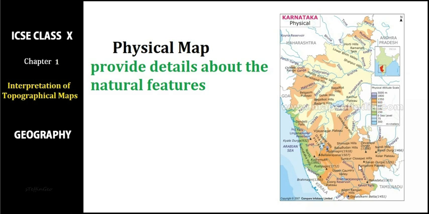That means these areas are located at a height between 600 and 900 meters. Then this darker brown means the areas which are located between 900 and 1350. So in this way, this map is used for showing physical features. You can see the rivers also, blue color things, right? So a map which shows the natural things or the physical features is called a physical map.